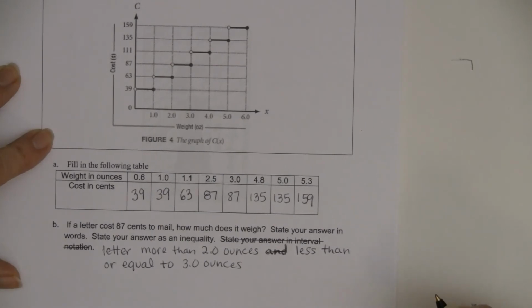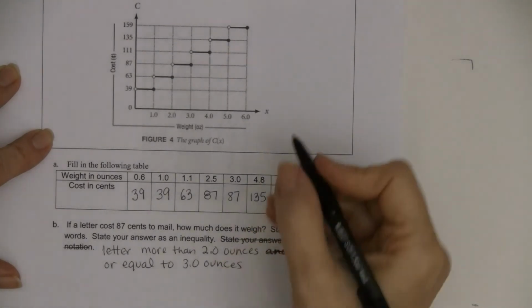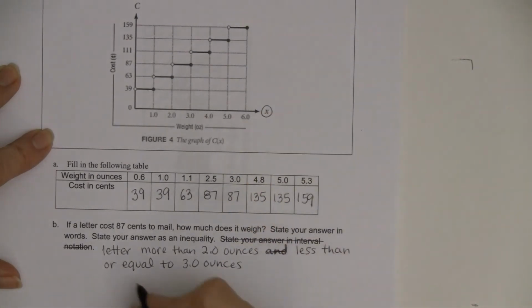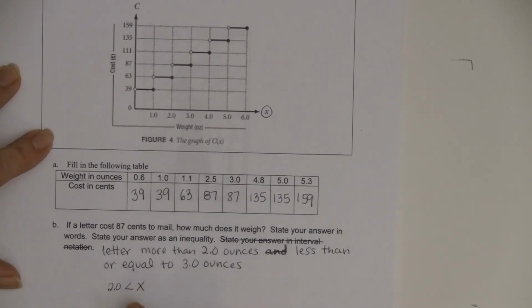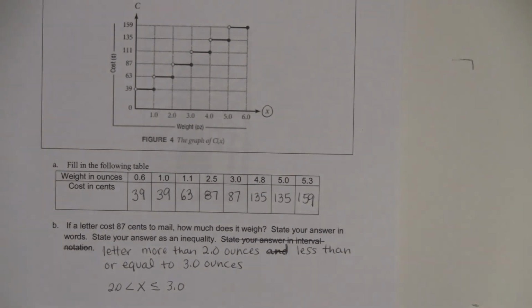Now, those were our x values, if you will, on our x, right? And so to write this as an inequality, x is going to be between 2.0, and I don't want to put equal to 2.0. It had to be more than, otherwise we'd get to mail it for cheaper, and less than or equal to 3 ounces, all the way up to and including 3 ounces.